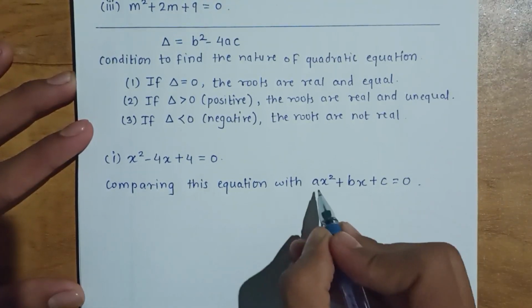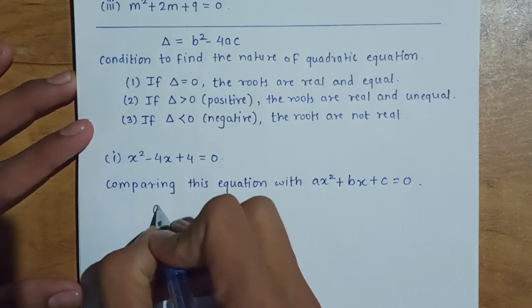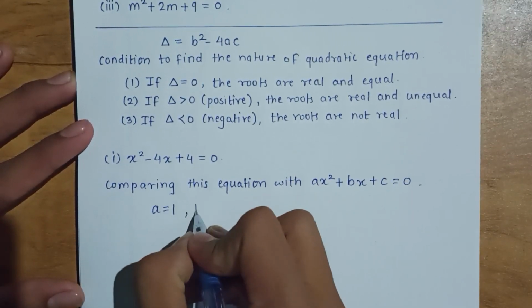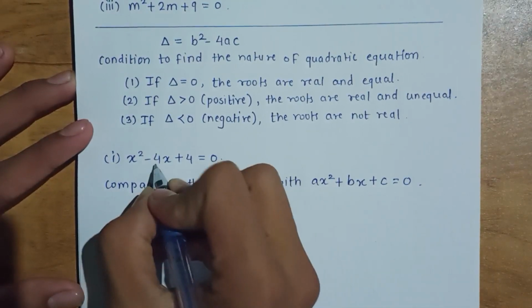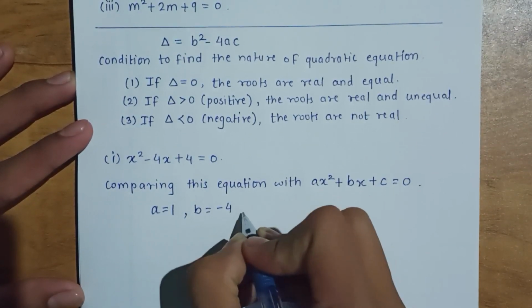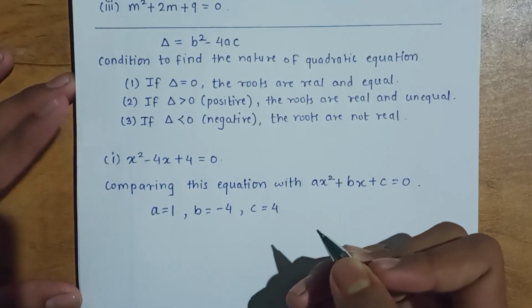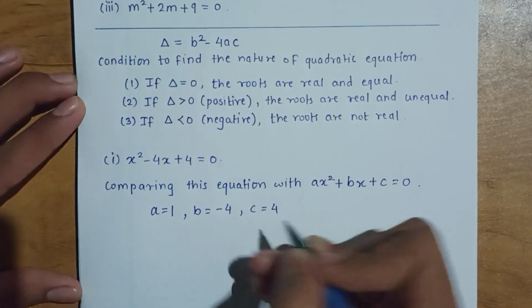So we get a equals 1, here nothing is there so 1, b equals minus 4, and c equals plus 4. So we have got the values of a, b and c.